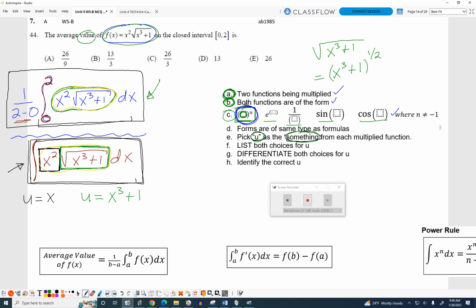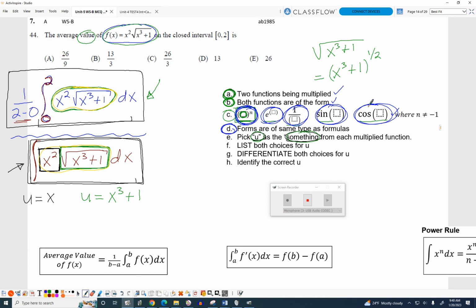Looking good. So then I say, okay, this little note here is just a little way to help me remember. These forms look almost the same thing as your formulas. Your formulas say x to the n, e to the x, 1 over x, sine of x, cosine of x.